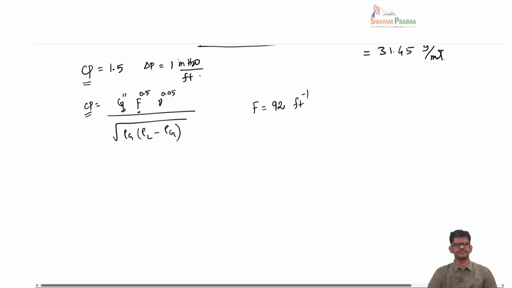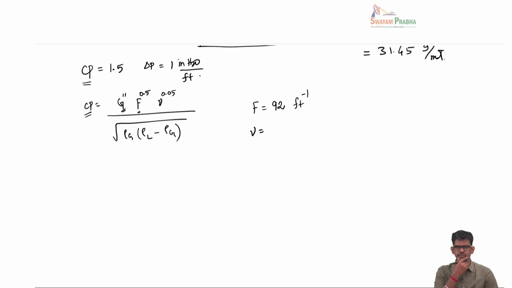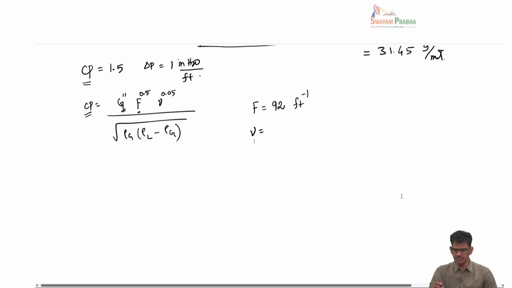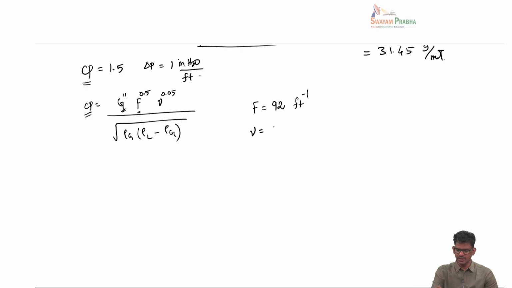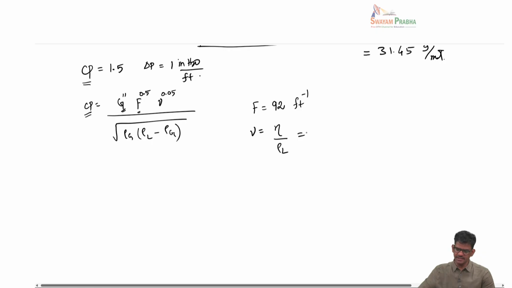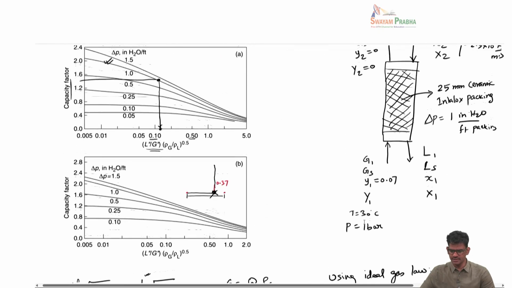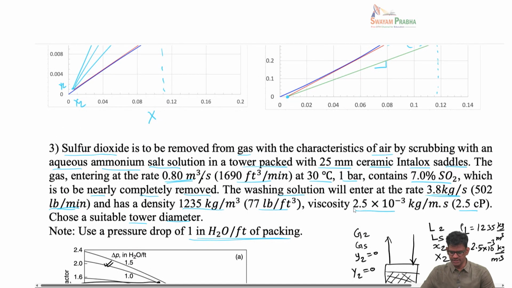And then we need to know the kinematic viscosity, and the kinematic viscosity is for the liquid. So you will have to take the viscosity of the liquid divided by the density of the liquid. I think both data are mentioned here. So you can see the viscosity is mentioned as well as the density, okay.